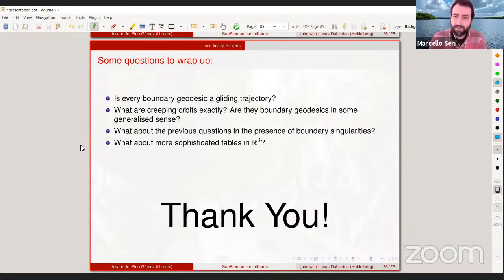I wanted to ask you one. Well, first I start with the dumb question. In the contact case, since you have the relation between the trajectories and the motion of a constant charge particle in a constant magnetic field, do you know if these trajectories that travel along the boundary are related, for example, to topological edge states, this kind of trajectory that are somewhat stable and remain close to the boundary and keep bouncing around?